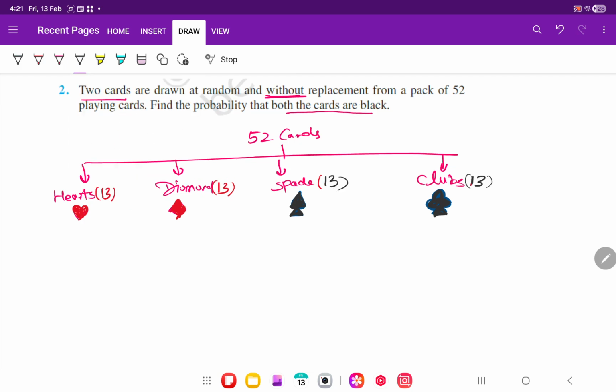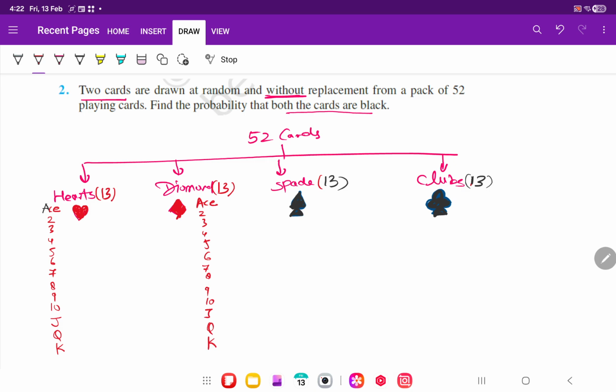The total is 52. Hearts start from ace. Everything starts from ace, there is no 1. Ace, then 2, 3, 4, 5, 6, 7, 8, 9, 10. There is no 11. Instead of 11 we have jack, queen and king. So there are 13. This also starts from ace, 2 through 10, then jack, queen and king.